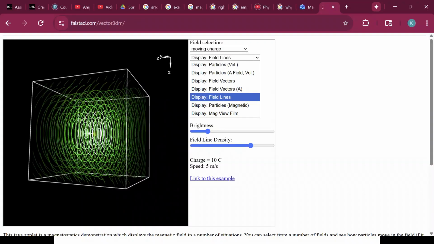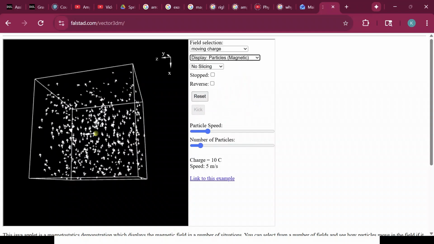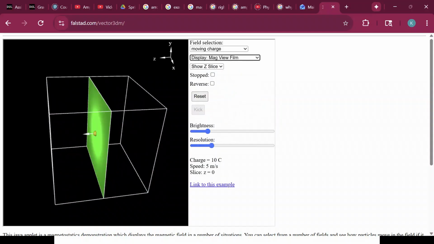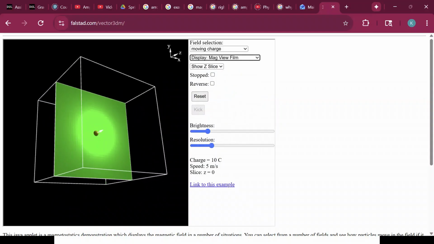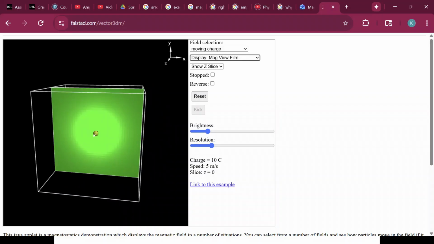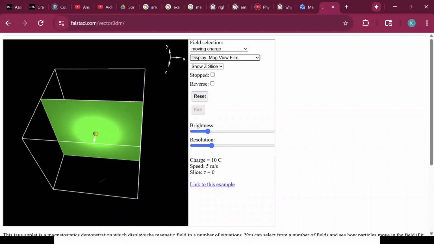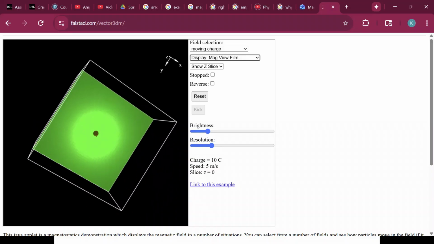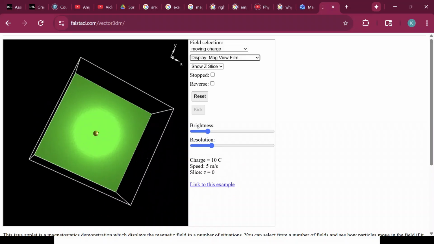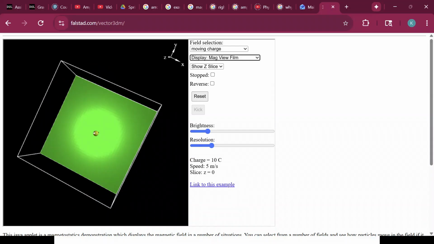I'm not sure there's a good way to show that. I guess you can kind of see here that there is actually a little black hole that's directly behind the charge. And that's because there's no magnetic field directly along that central axis.